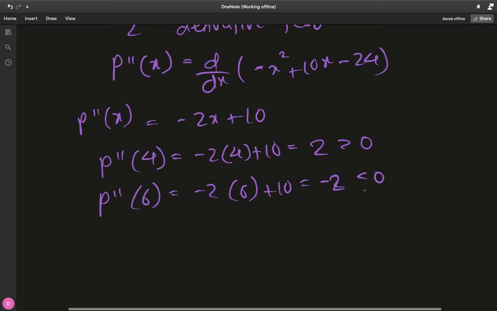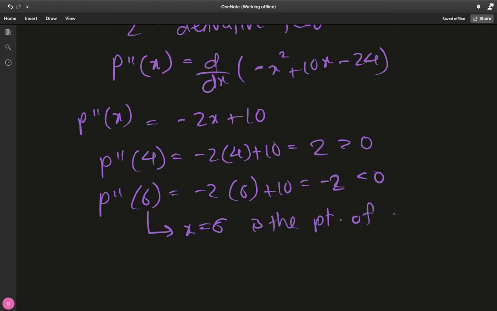And when the second derivative at that point turns out to be less than 0, then that point is your point of maximum. So x is equal to 6 is the point of maximum profit.